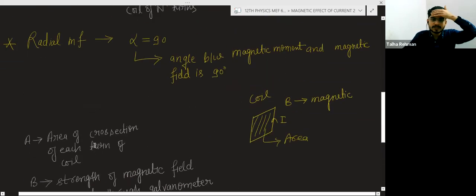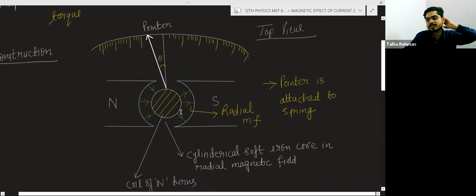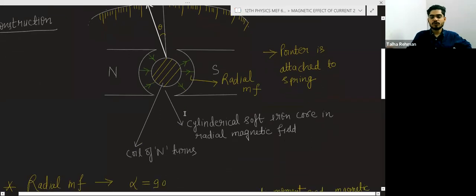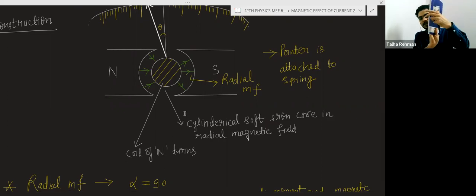Now what will happen? This pointer is attached to the spring, means this coil is somehow attached to the spring. So when this coil will rotate, there will be some restoring torque that will oppose this torque, opposing the motion.